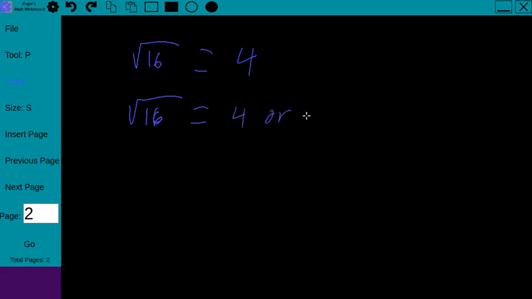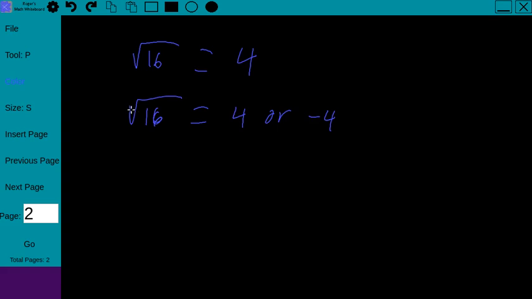It could also be negative 4, because negative 4 times negative 4 would also give you a positive 16, because a negative times a negative gives us a positive.